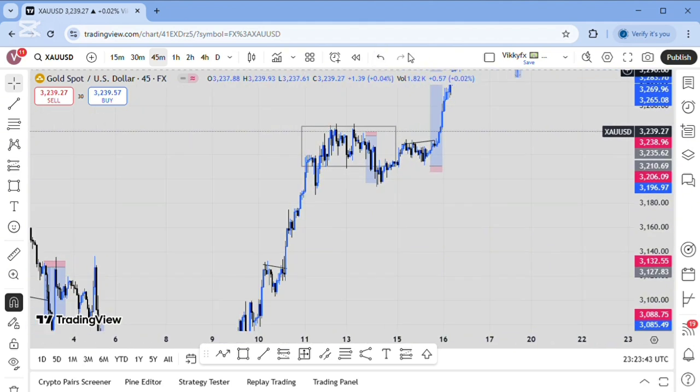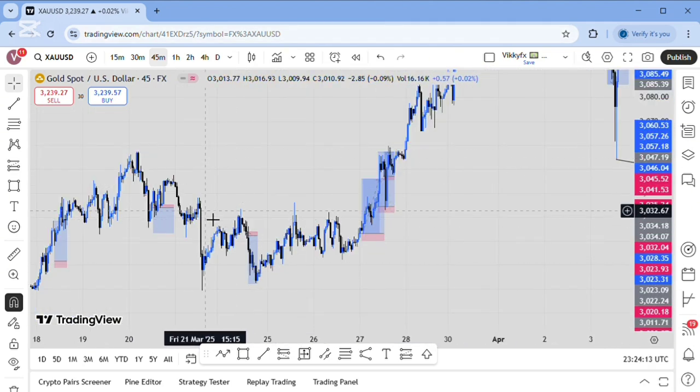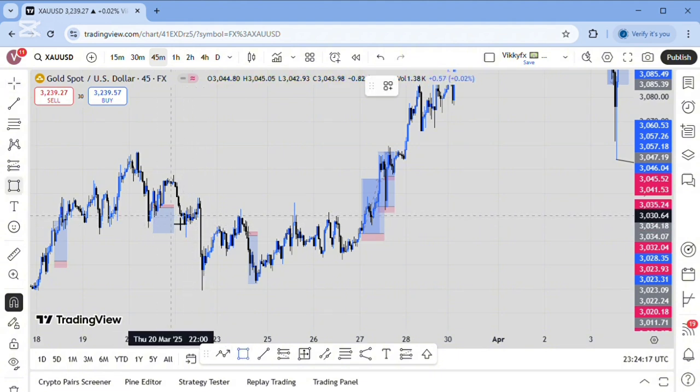Then for a breaker block, let's look for another breaker block that was respected. If you come on your charts, it doesn't occur always on the chart. This is another example. This zone should have been a demand area which the market should have mitigated.